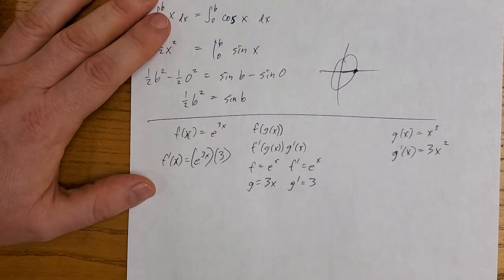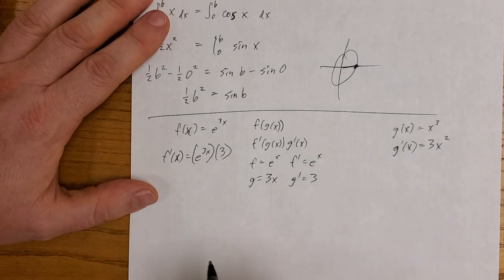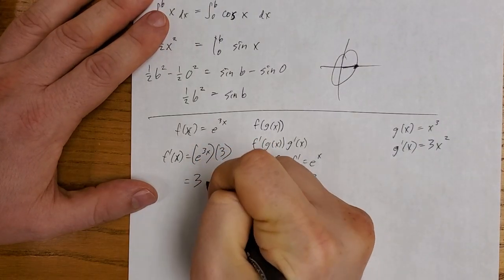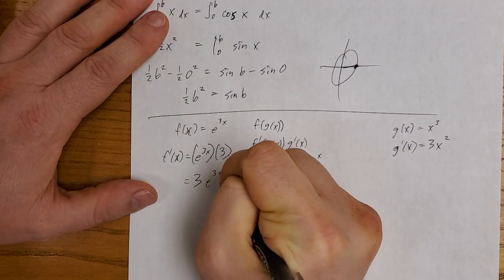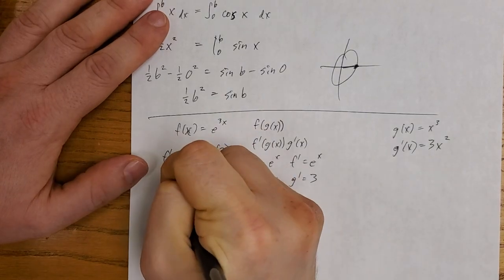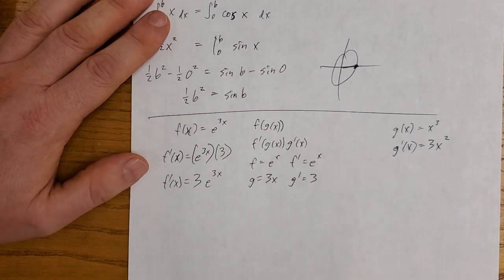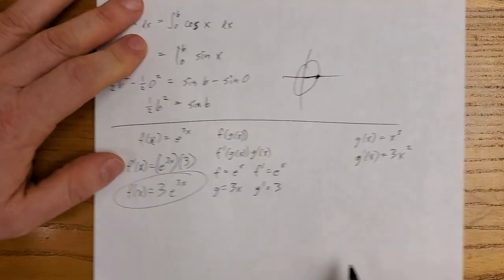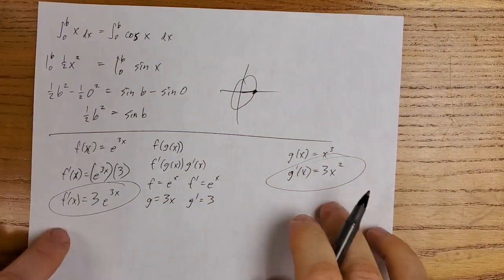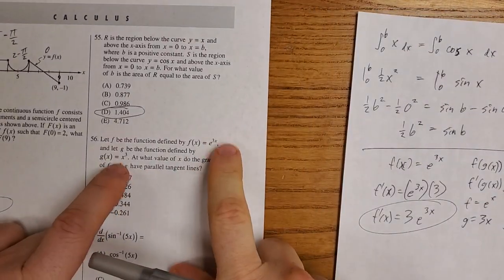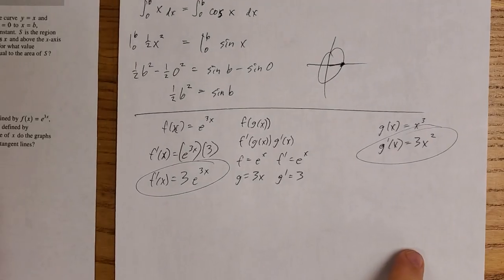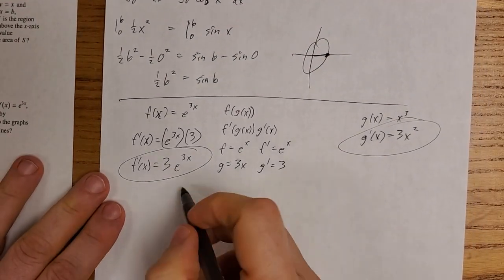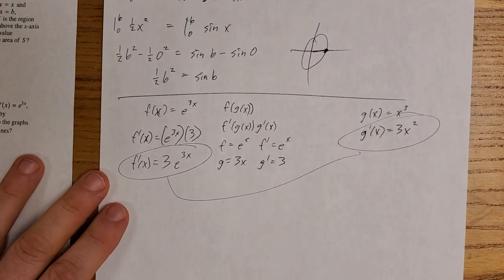So that's going to be multiplied by 3. And we'll just rewrite it more nicely, bringing the 3 out in front. So now we have that one, and we have that one. Those are the derivatives of the equations we were given, and we want to know for what x are those equal.